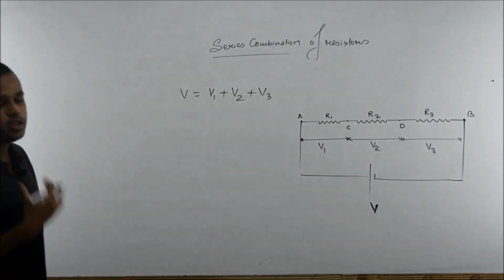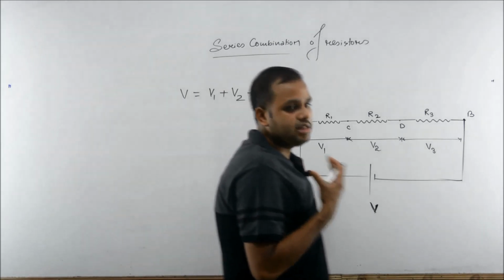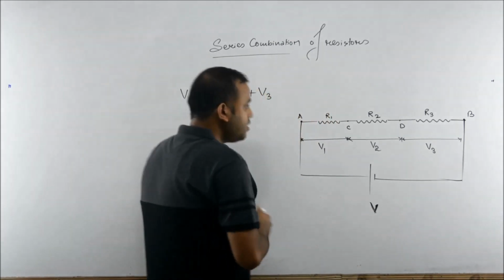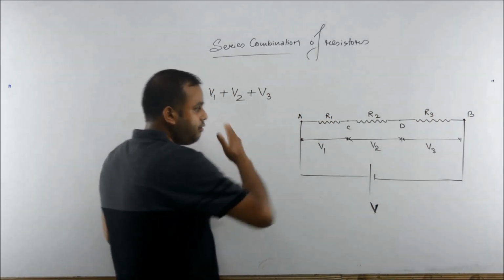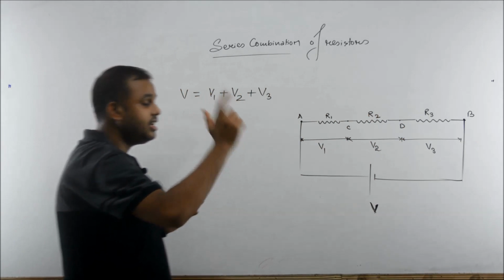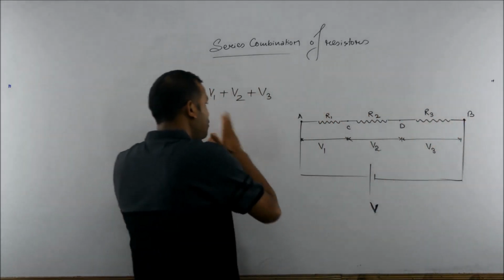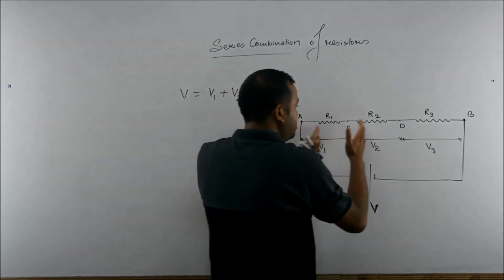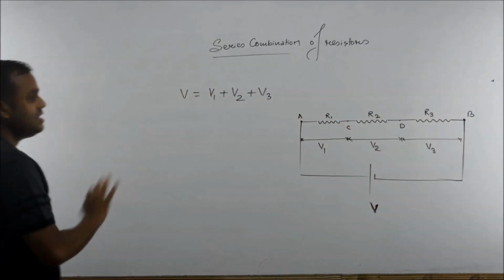If we actually perform this activity, then obviously we will see that when resistances are connected in series, potential difference across the combination is equal to the sum of the potential differences across the individual resistances.